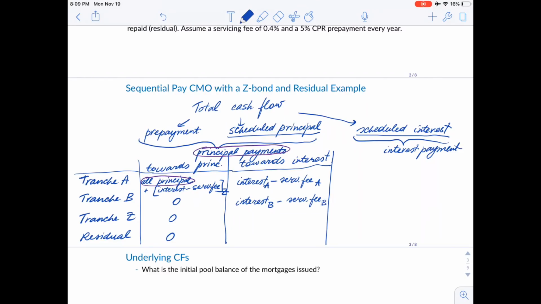Z, however, does not get its interest because that was used for repaying the principal on A. So it does not get its interest at all, and then the residual is the remaining from total cash flow. So once we compute what's the total cash flow for this pool of mortgages and we compute all of the payments, the remaining gets received by the residual.